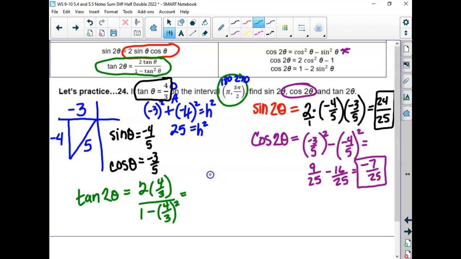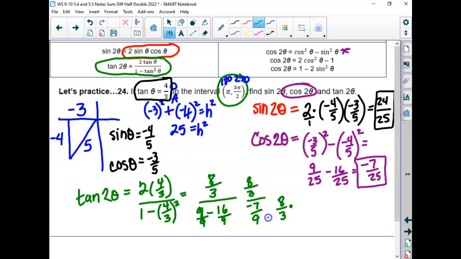Okay? The top would give me 8/3. The bottom would give me 1 minus 16/9, which would be 9/9 minus 16/9, or an 8/3 divided by a negative 7/9. And you flip the bottom over, right? So it'd be 8/3.